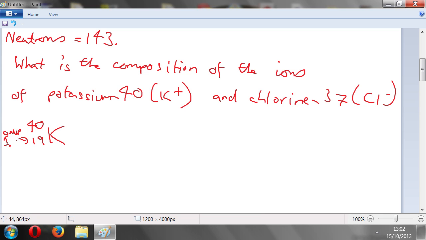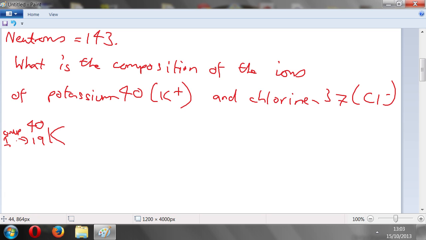So if we look back, the atomic number, there'll be 19 in a neutral atom.